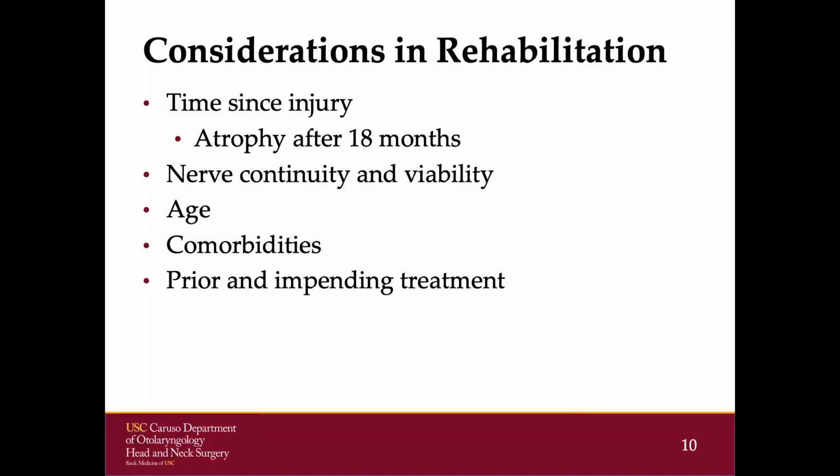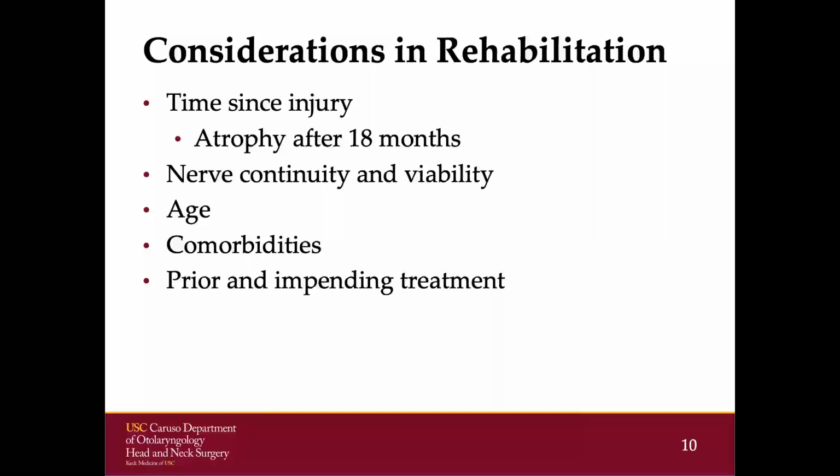So, considerations in choosing rehabilitation options for our patient. The time and the onset of the injury is really important. There is significant atrophy of the nerve and the motor neuron end plate after 18 months after the injury. And so depending on the timing and the etiology of the injury, that can affect your proposed intervention.